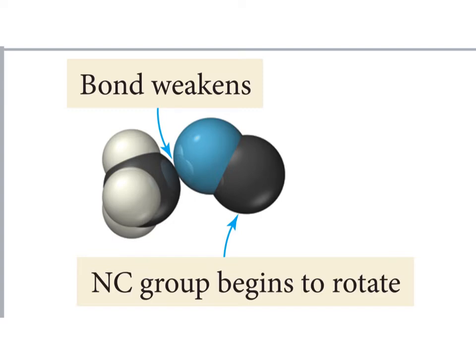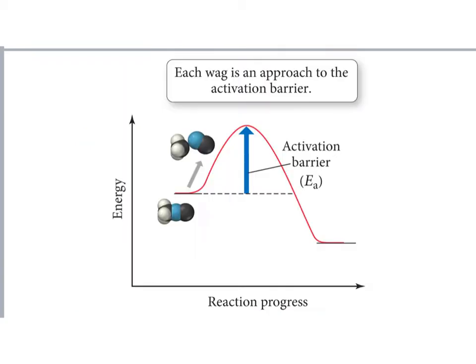So somehow this bond has to weaken, and this CH3 is kind of migrating in this direction, or you can think of it as this N triple bond C rotating in this direction, so that the carbon-carbon bond will form as opposed to the nitrogen-carbon bond.